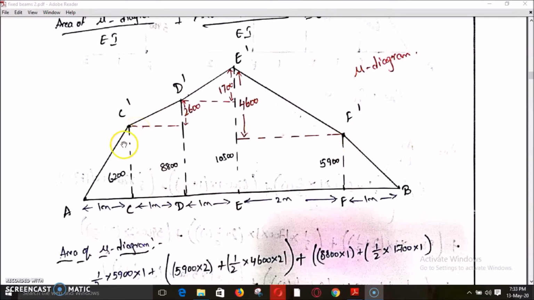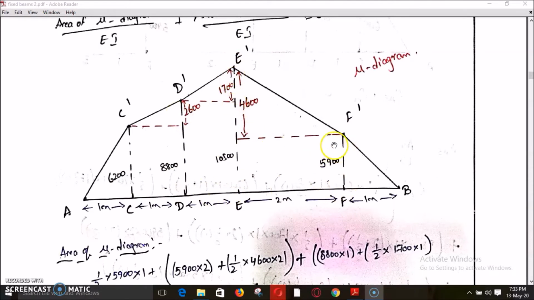So I divided this irregular shape into rectangles and triangles. This is my 6200 and this is 8800. By drawing a straight line, it became a rectangle. This value is 6200, so subtracting 6200 from the total length 8800, I got 2600. Similarly here, this is 5900 and this is 10500.